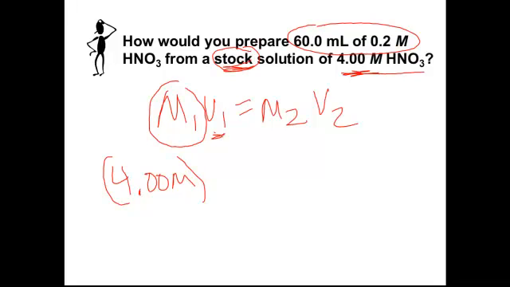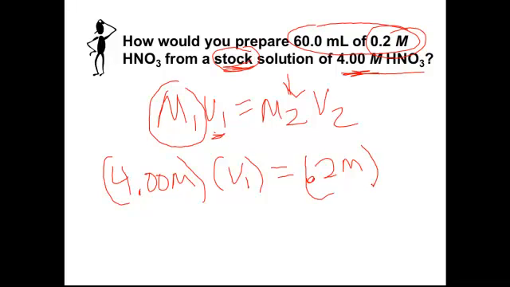They're asking how much of that 4 molar HNO3 you would need, so I'm going to leave that as V1. My final concentration needs to be 0.2 molar. And how much of that do I need? I need 0.060 liters. Notice my volume, I did convert from milliliters to liters.